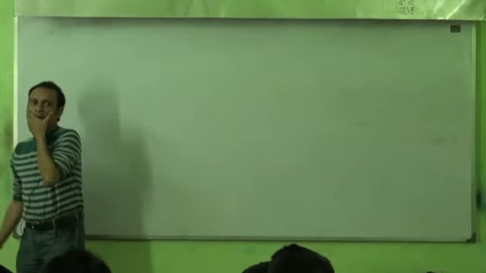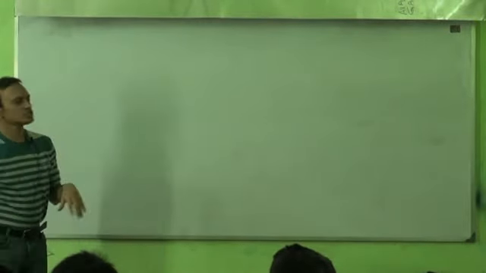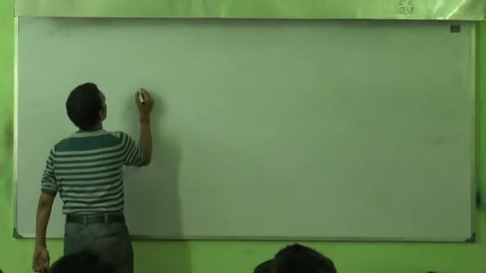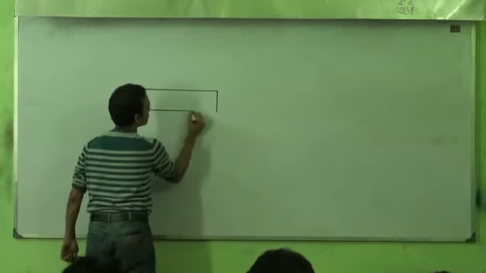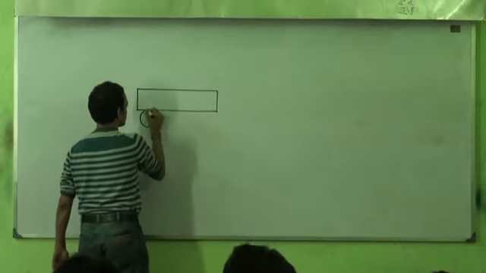Now, take another situation. Let's say there is a trolley on a frictionless surface.